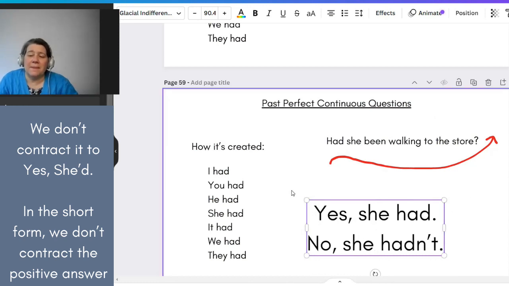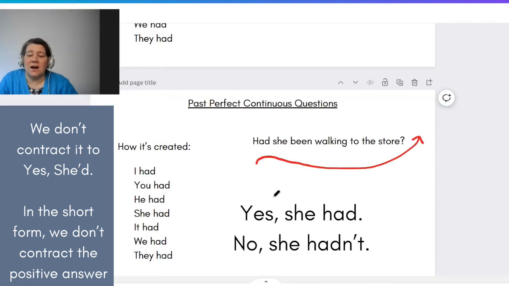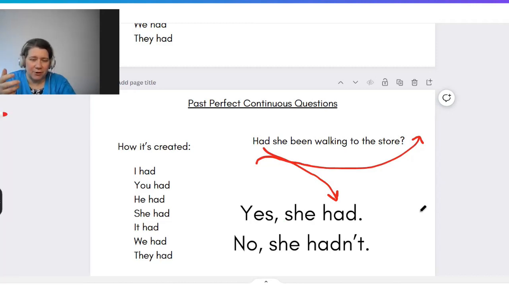All right. The answers are always the same as that auxiliary verb.